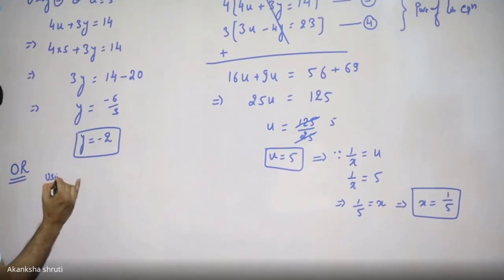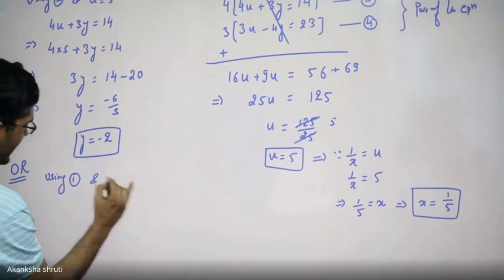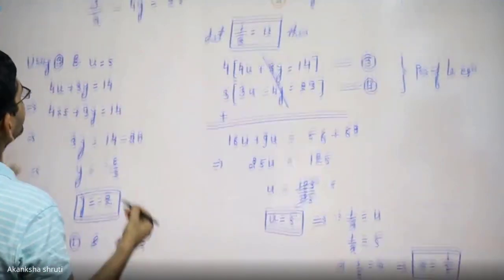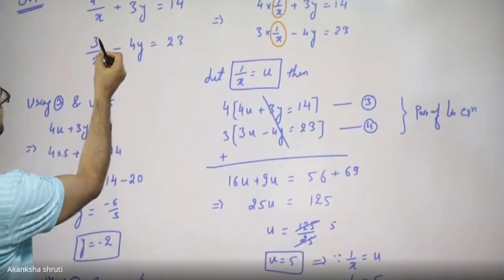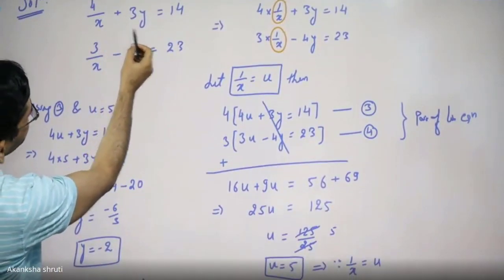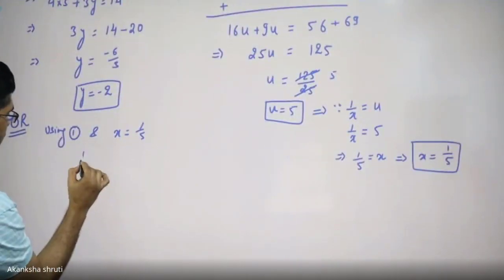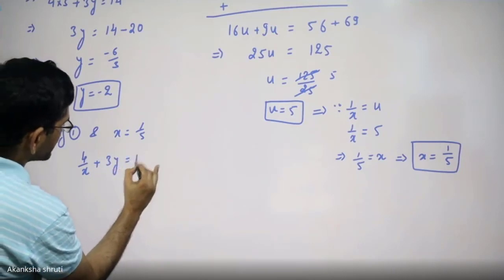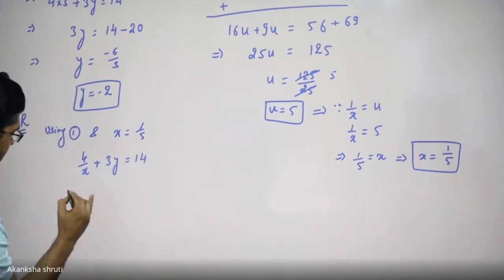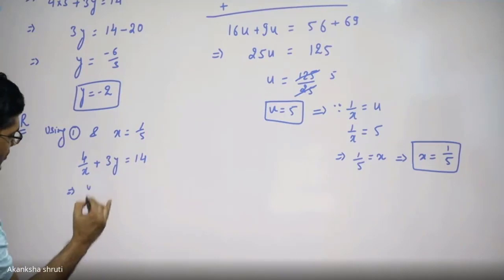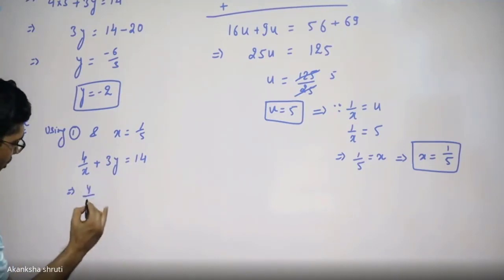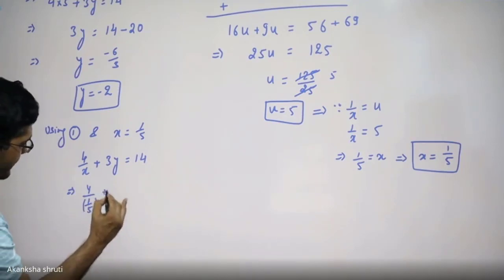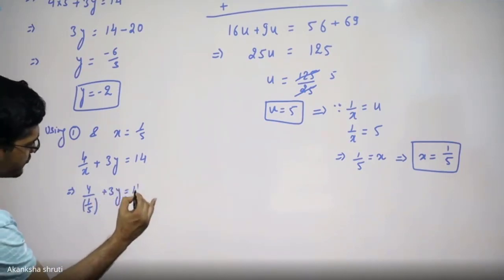Let me verify whether we are getting the same or not. 4/x + 3y = 14. Students, this x is 1/5. 4 divided by 1/5. Be careful while substituting the value. Plus 3y = 14.